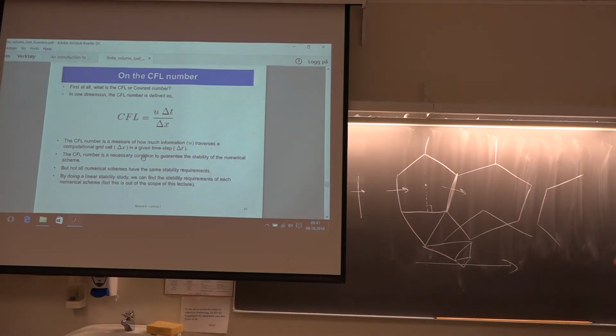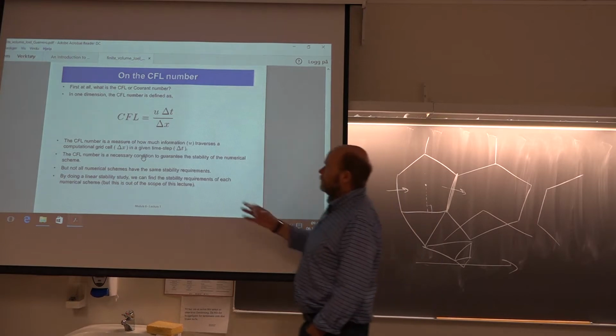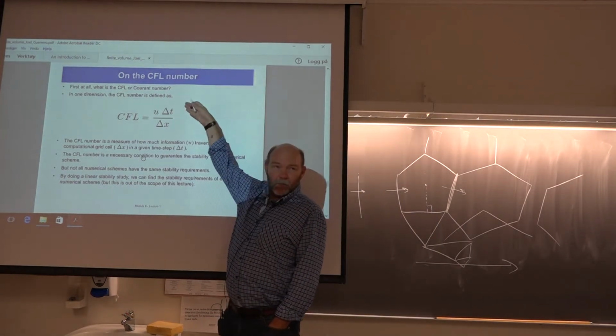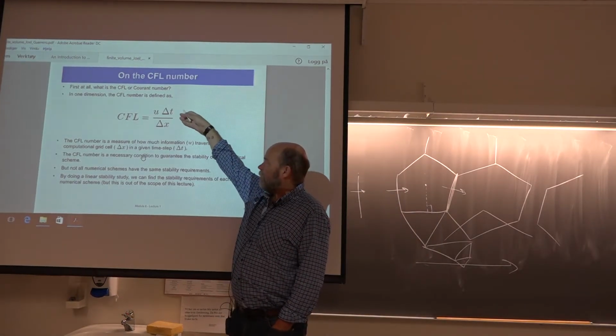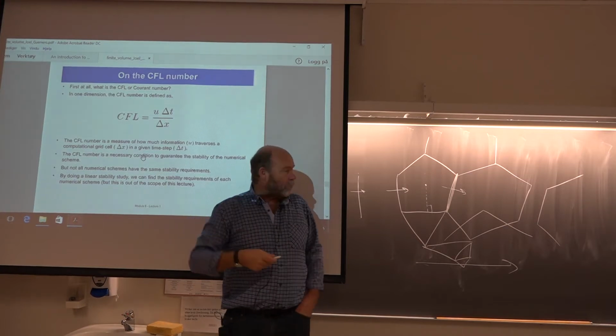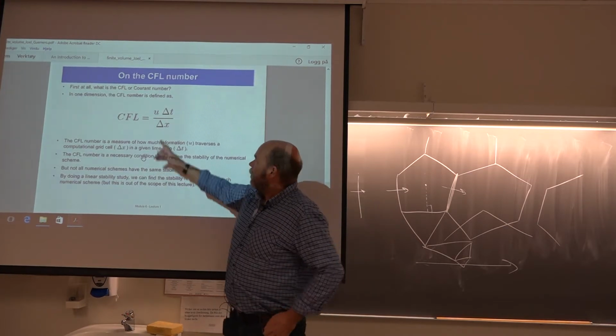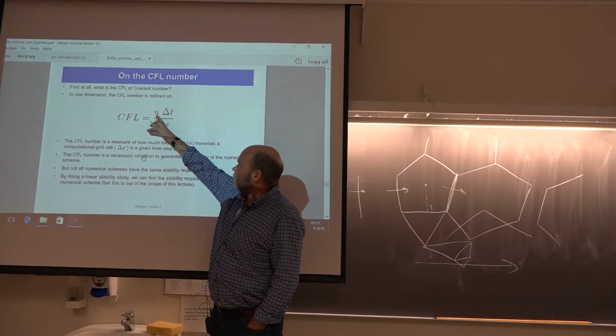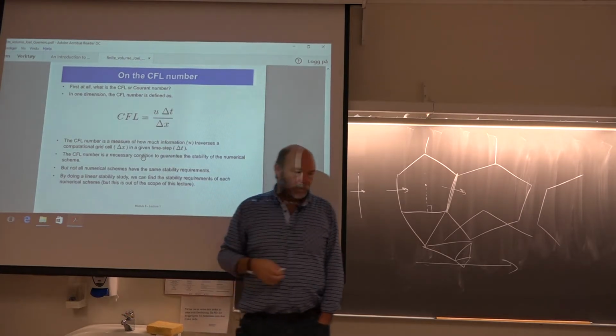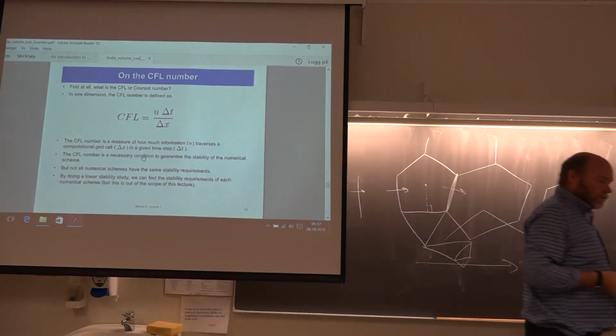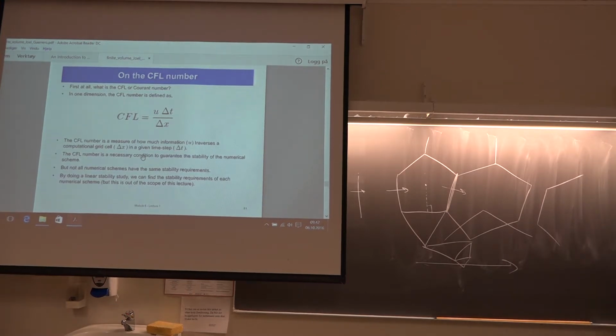So in general, we would say the CFL number has to be 1 or smaller. And you have to check it for each and every cell, for all the local velocities and the local cell sizes, and in all 3 directions if you're doing a 3D case. So it's sort of tedious to check, but we have no option, we have to.